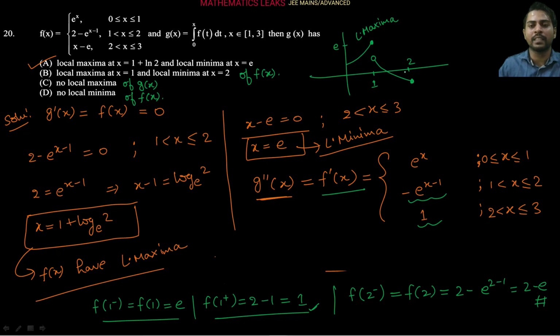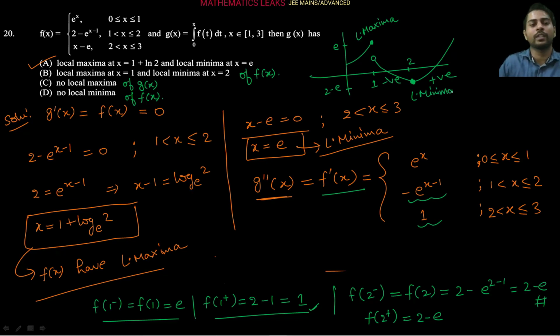And if we check the RHL, f of 2 from the right side, we also get 2 minus e. So it is continuous at point 2. In 2 to 3 the function's derivative is positive, so an increasing structure will be there. Here you can clearly see the derivative is negative and then positive. So at point 2 a local minima will be coming.